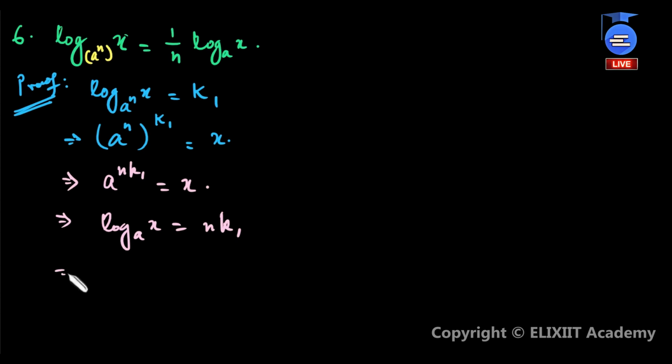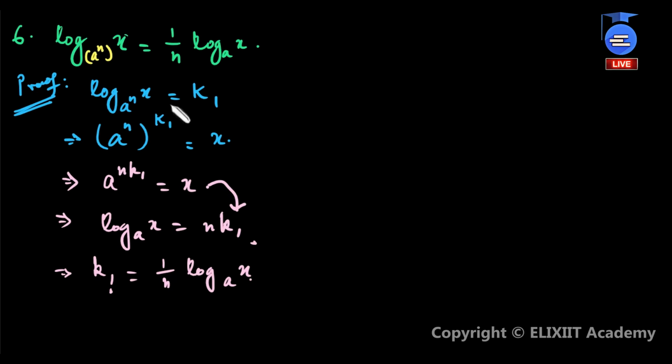So what do we need to find? What is k1? Cross multiply. K1 is 1 by n into log x base a.